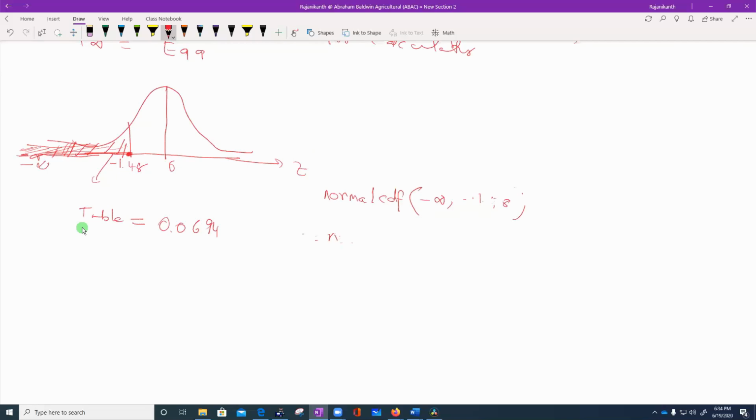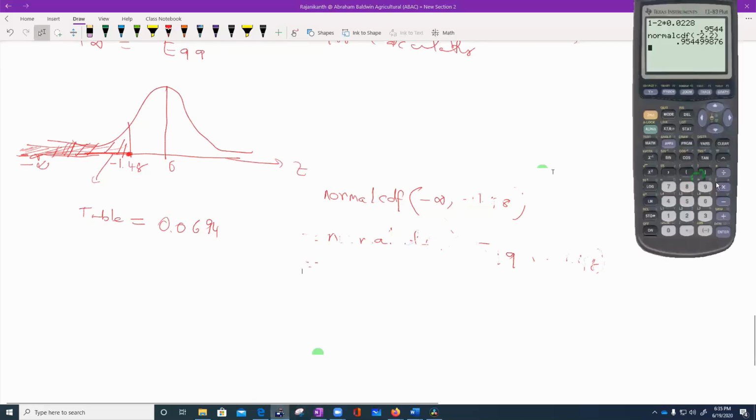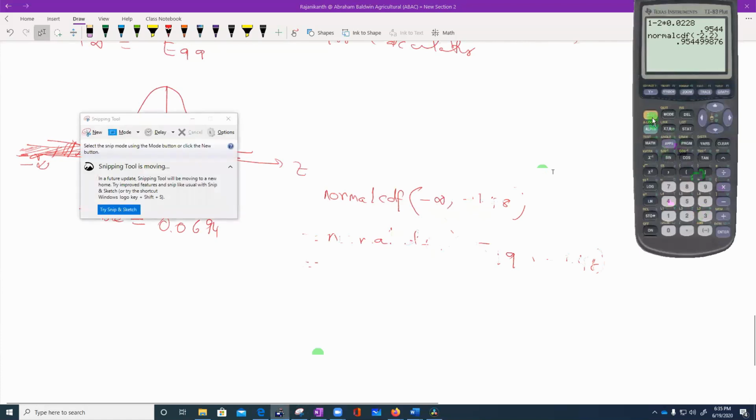But instead of negative infinity you have to type negative E99 on your calculator. So this is the code we use for infinity. Then type negative 1.48. This function will give you directly the left area to negative 1.48. Okay, let me type that and show you. I'm going to normal CDF.